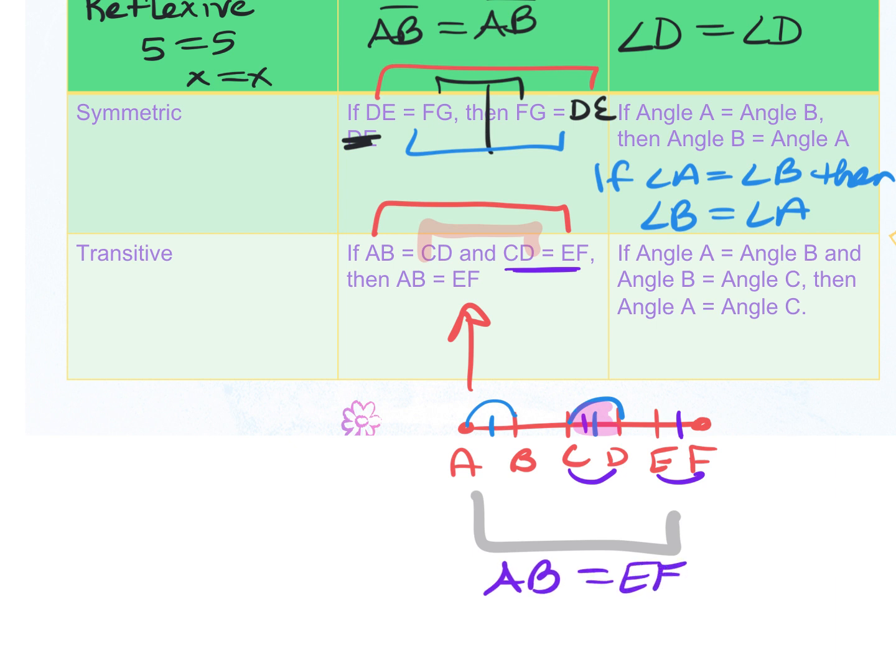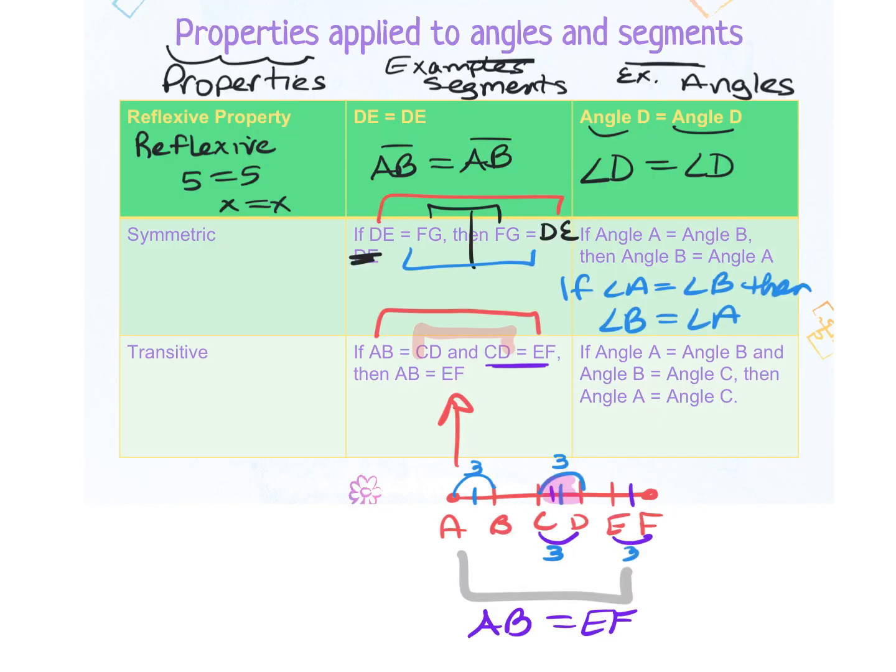Let me add some numbers here. So let's say I told you AB was 3. So since it's equal to CD, that one's also 3. But then you were also told that CD equals EF. So if this one's 3, then this one's 3. So that's how you can apply this using that transitive property.